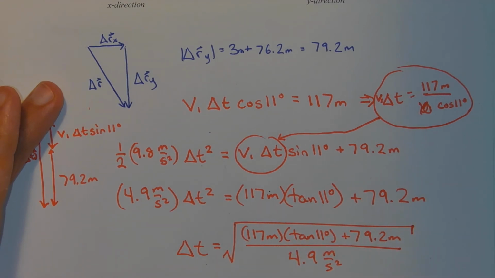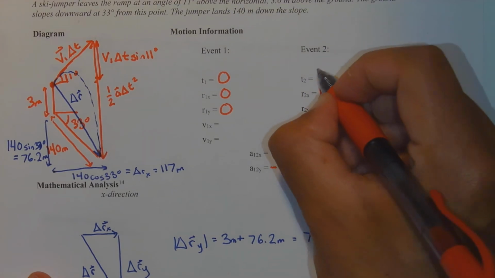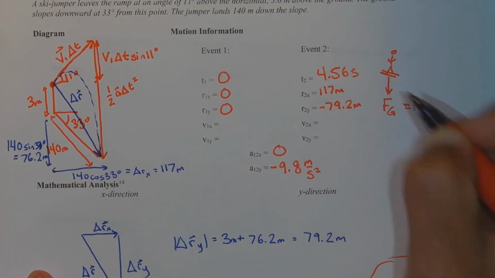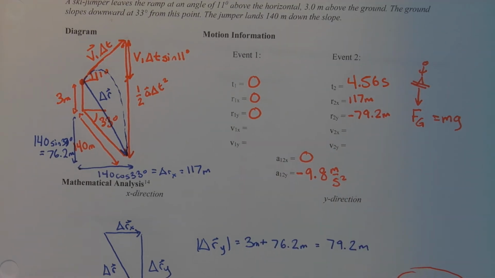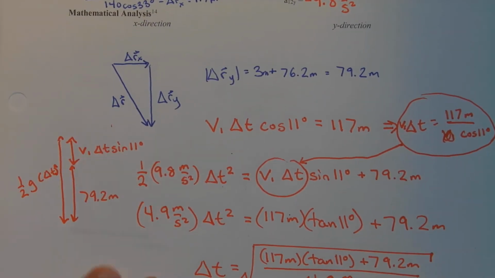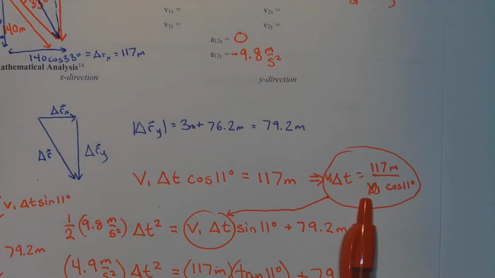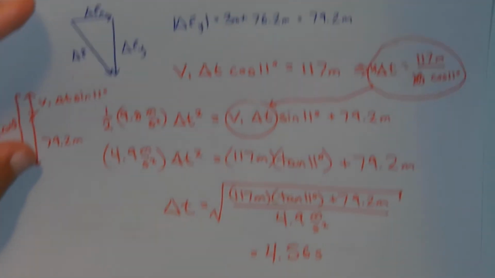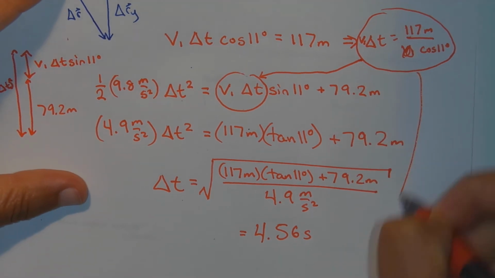Take the square root and you get for delta t 4.56 seconds. We can take that and put it in our table. And then we still have to find the initial velocity and the final velocity. Well, I can find the initial velocity now if I go back to this equation here and now divide by delta t.